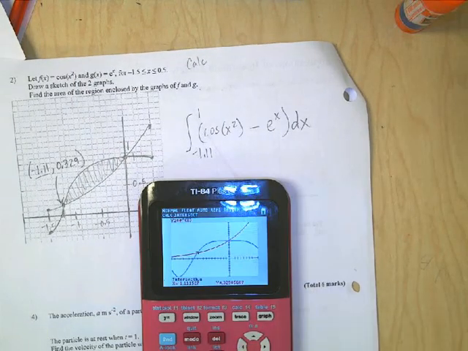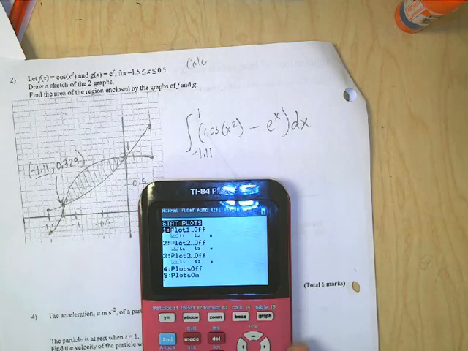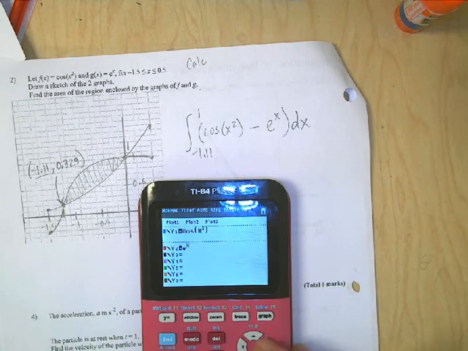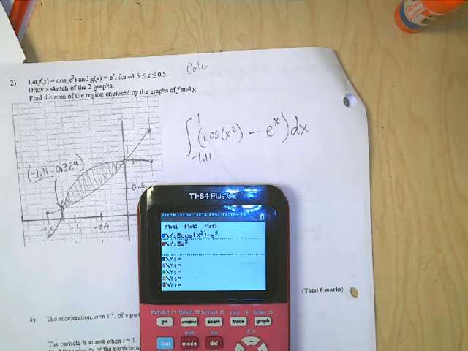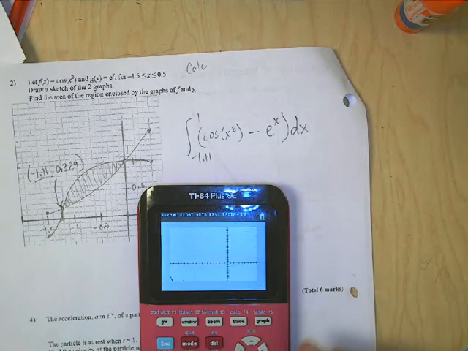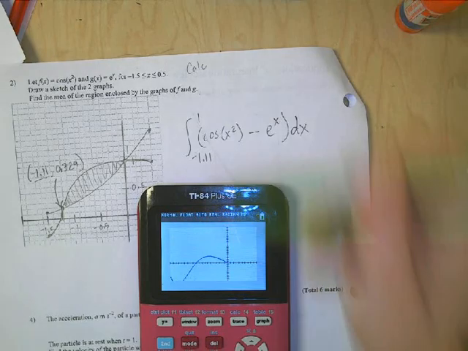So now I'm going to go to y equals, and I'm going to put this in as one equation minus e to the x. Okay, and I'm going to graph that. And then I'm going to ask it to find the area from negative 1.11 up to 1.